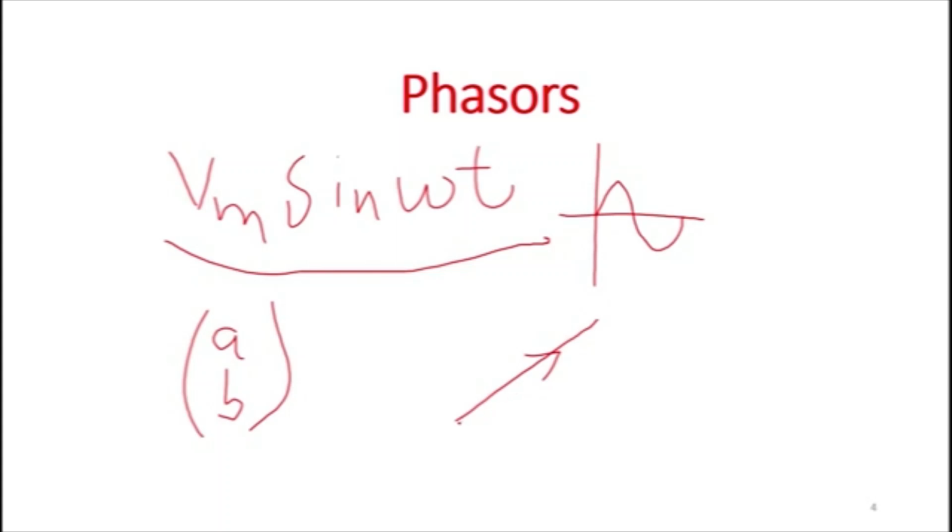And then the angle here, say phi, represents the phase relation between the voltage and the current, or whatever quantities you are trying to analyze at that particular point in time.